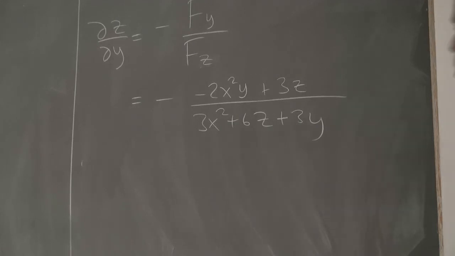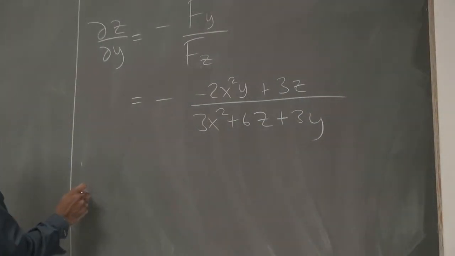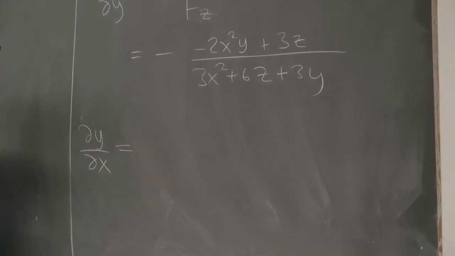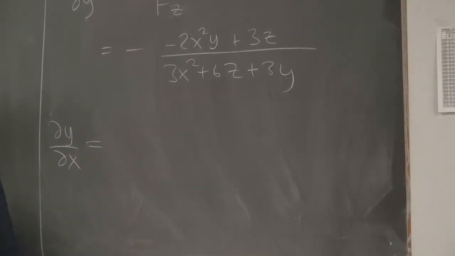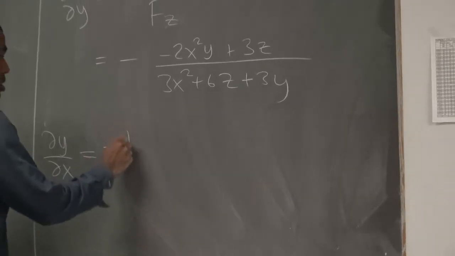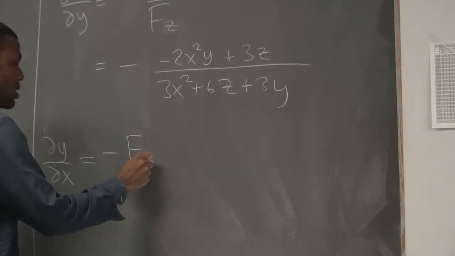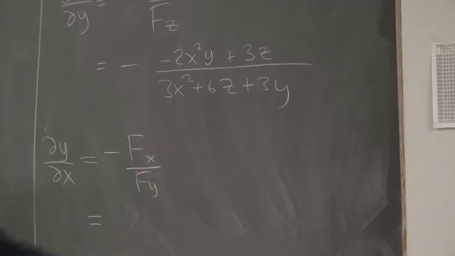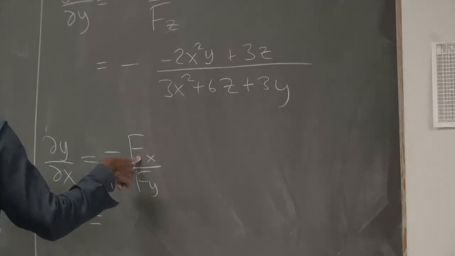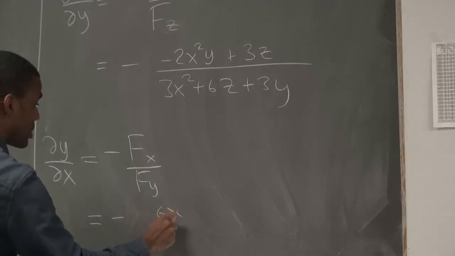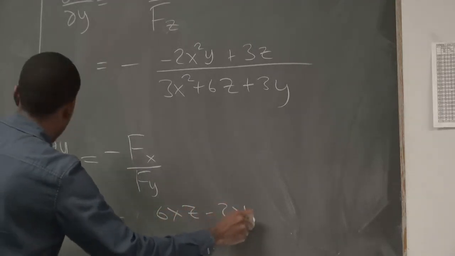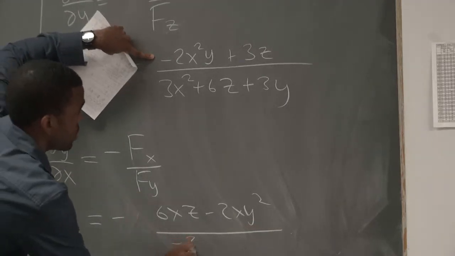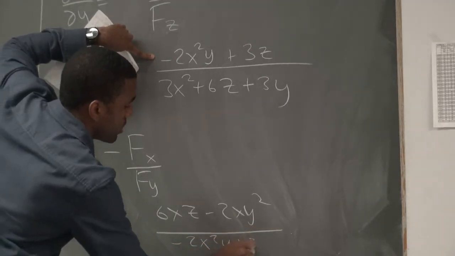Right? What if I ask you here about partial of y with respect to x? That would be minus fx over fy. Oh, yes. So fx we already found, that was up here. So this will just be minus 6xz minus 2xy squared, divided by the fy, which I had here, minus 2x squared y plus 3z.